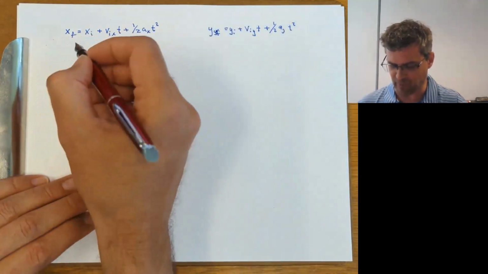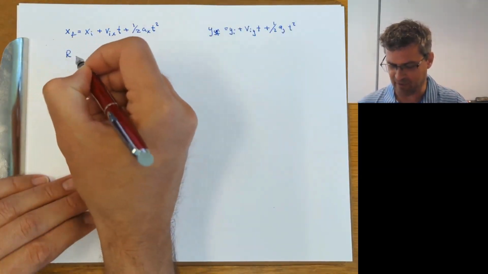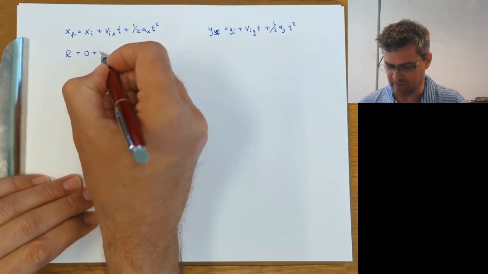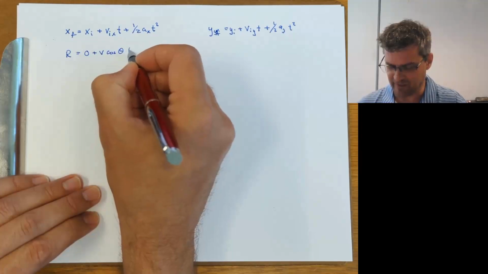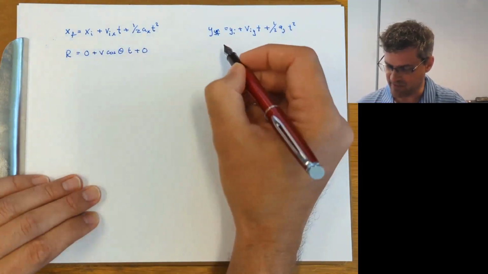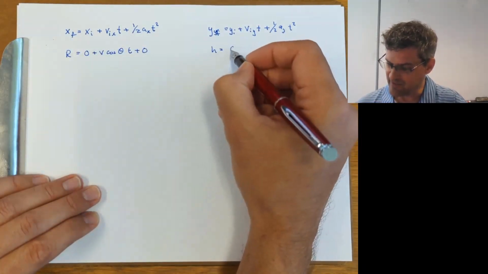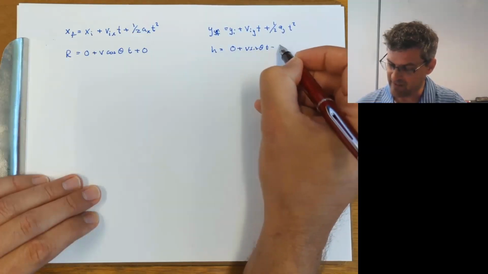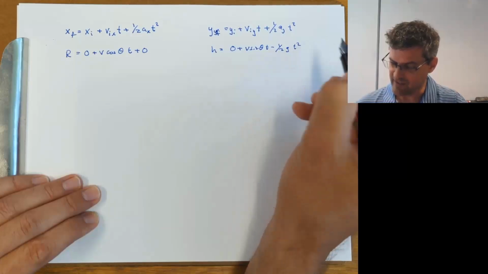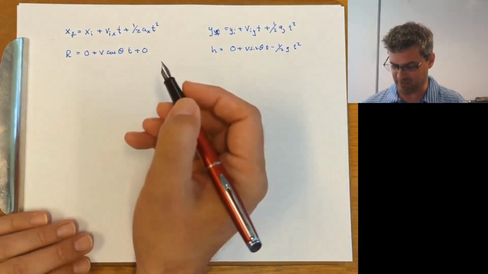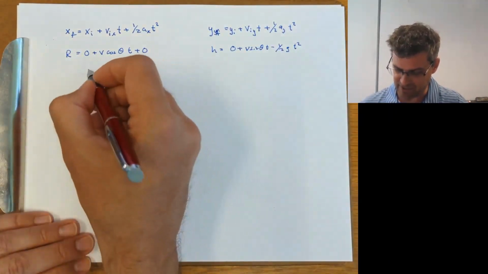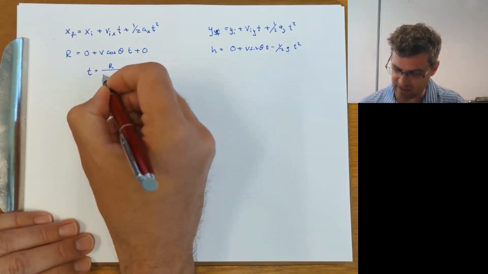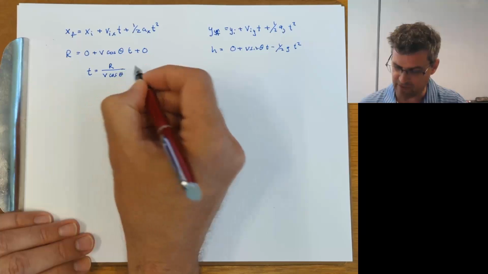And typically what we're looking at is some r is equal to 0 plus v cosine of theta t plus 0, h is equal to 0 plus v sine theta t minus 1/2 g t squared. This is the typical kind of setup. And over here, just like before, we see that t is r over v cosine theta.